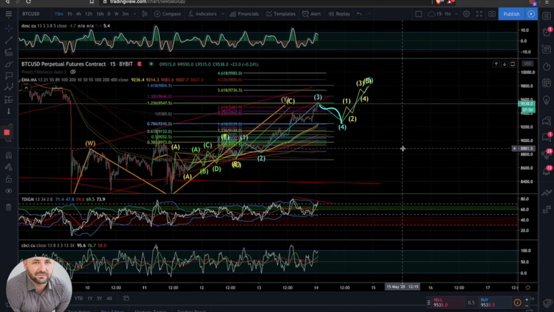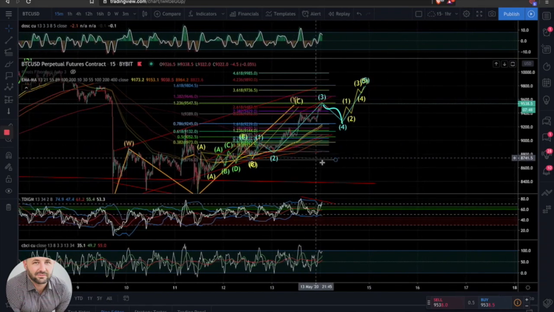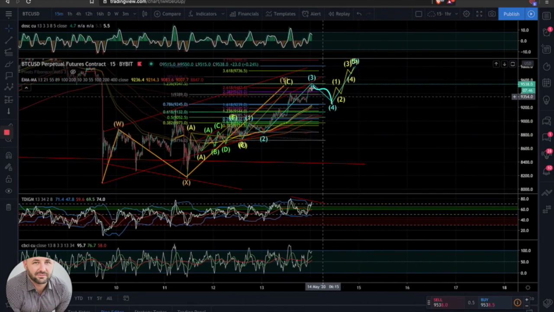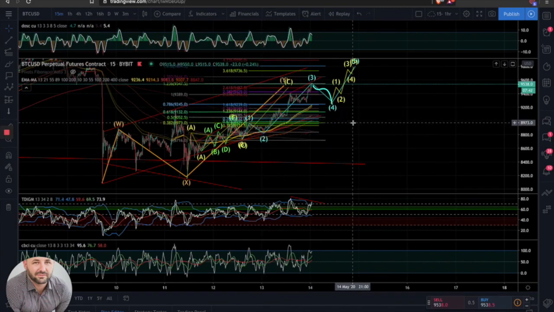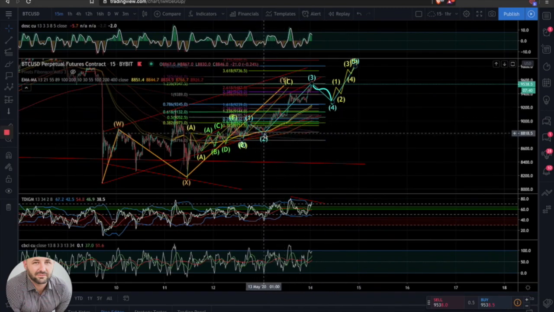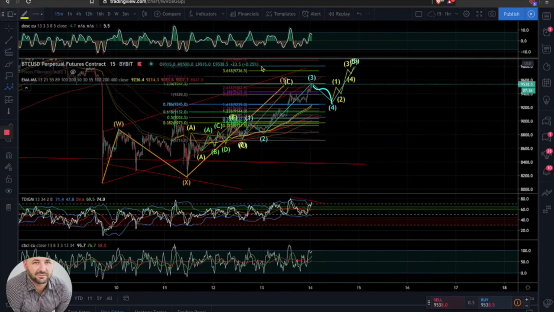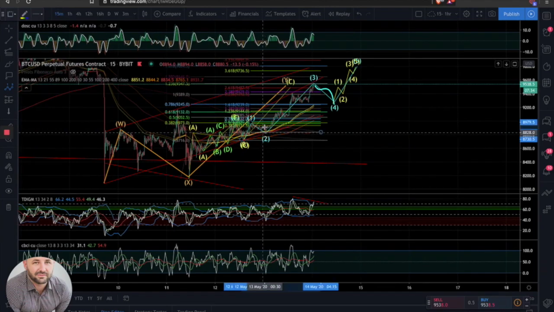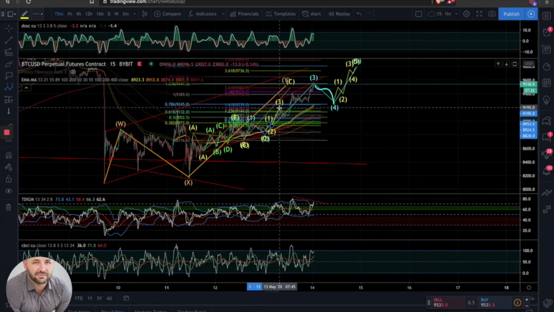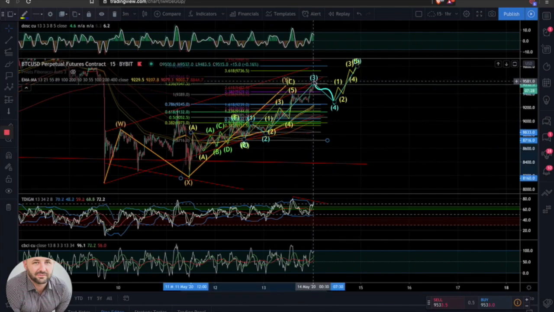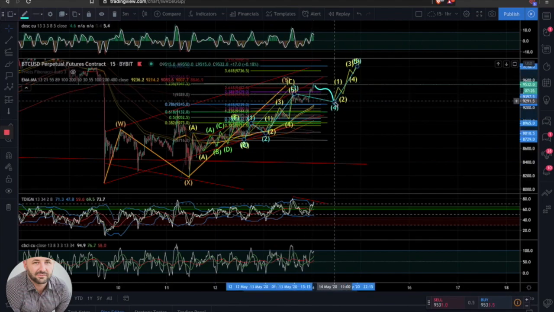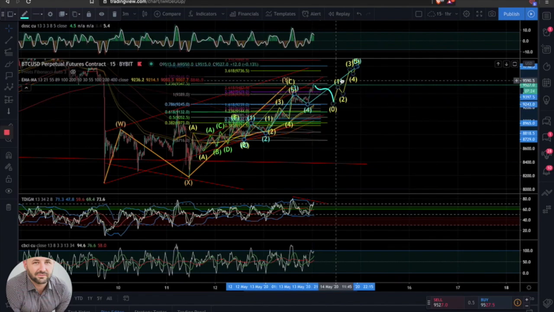So the bear count is saying that where we are right now, based upon this count, we would be pretty much done, because there is another way to count this internal wave here, to where this is the 1, 2, 3, 4, 5, and this would be your third wave right here.